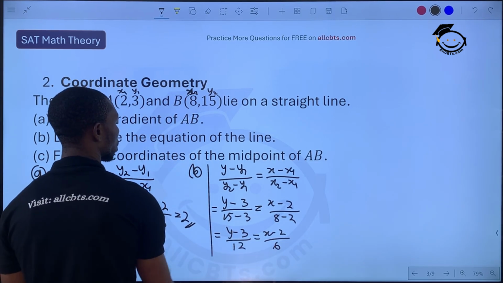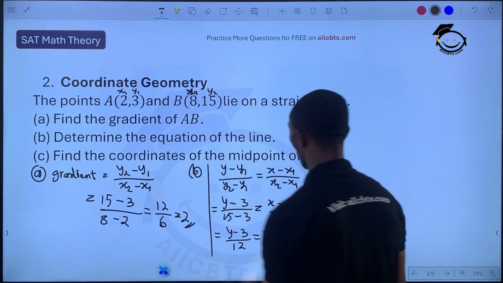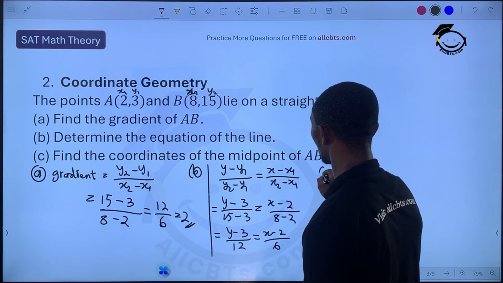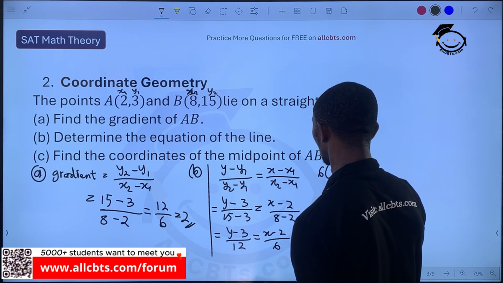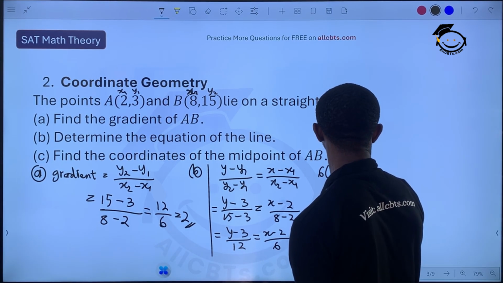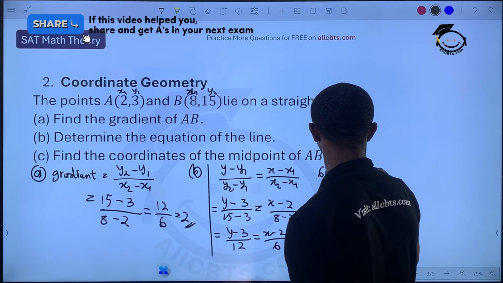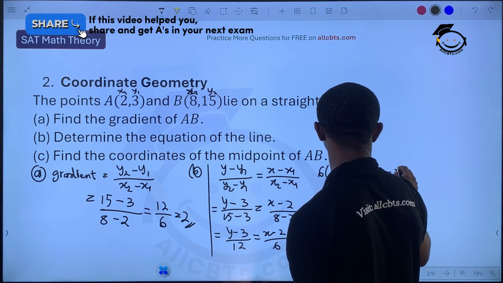So we cross multiply. Cross multiplying, this gives us 6 brackets y minus 3 equals 12 brackets x minus 2.